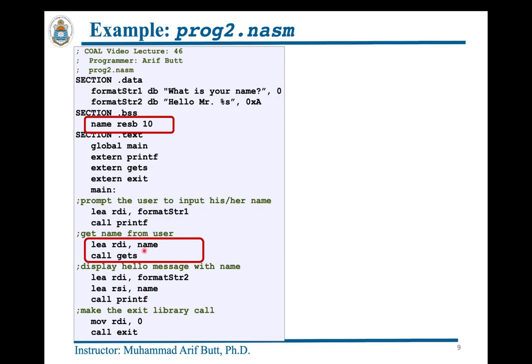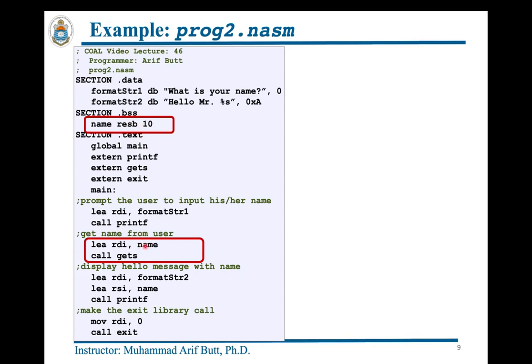Okay, then over here, note that before calling the gets library function, we are placing its only argument inside the RDI register, which is the starting address of an uninitialized array of 10 bytes inside the BSS section, block storage start, the uninitialized data section.